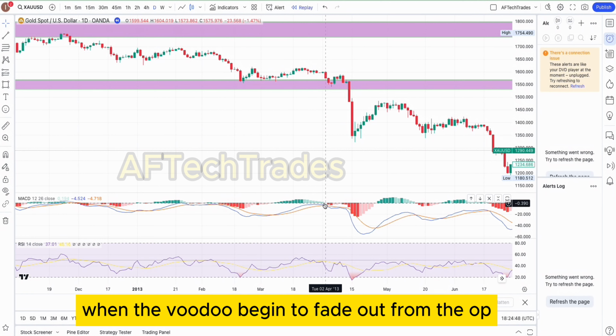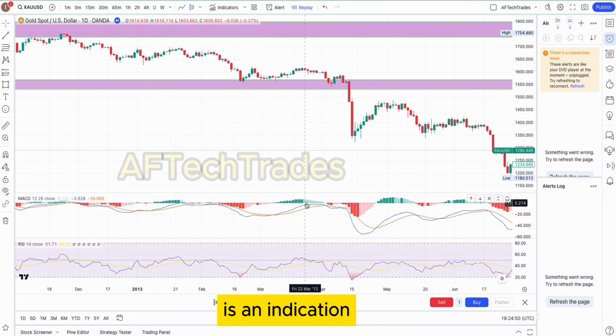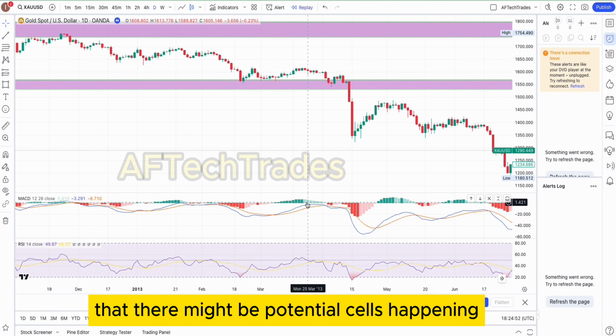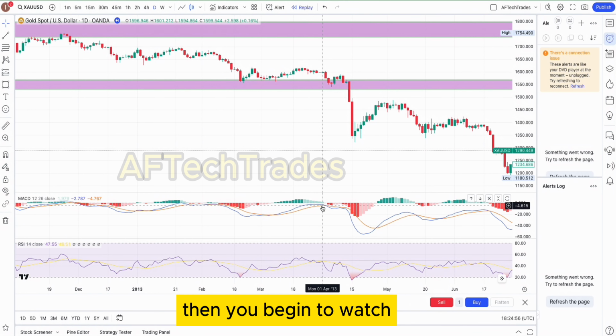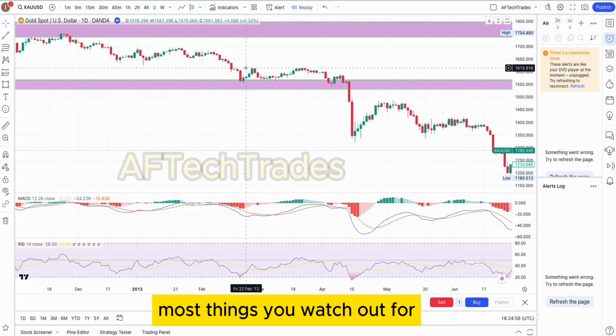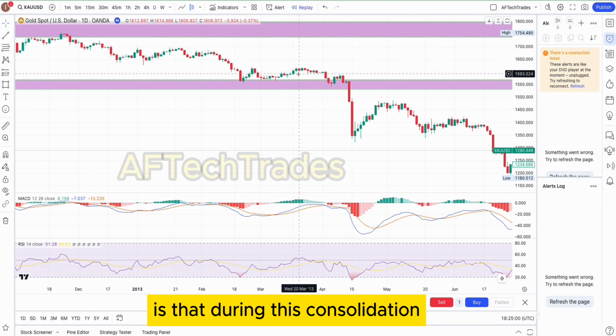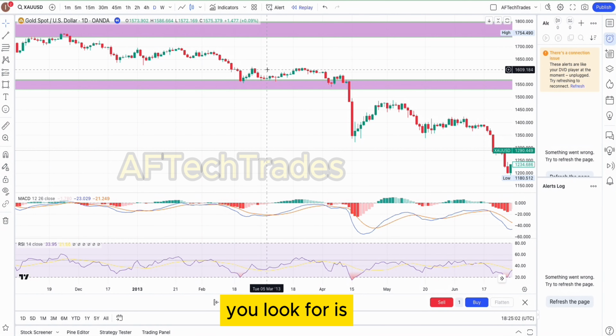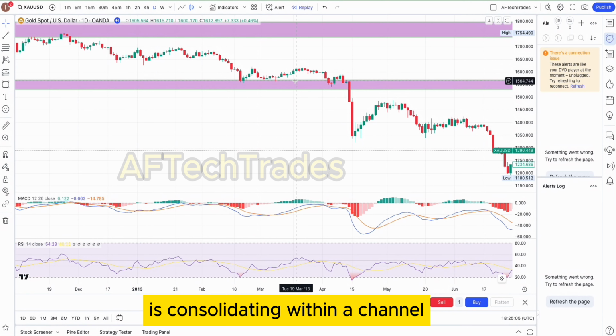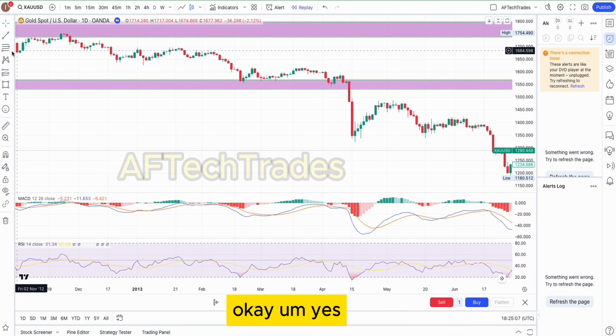When the volume begins to fade out from the up, it is a slight indication that there might be potential sells happening. Then you begin to watch out. Most things you watch out for is that during this consolidation, you look for whether it is consolidating within a channel. You look for channel breakout.